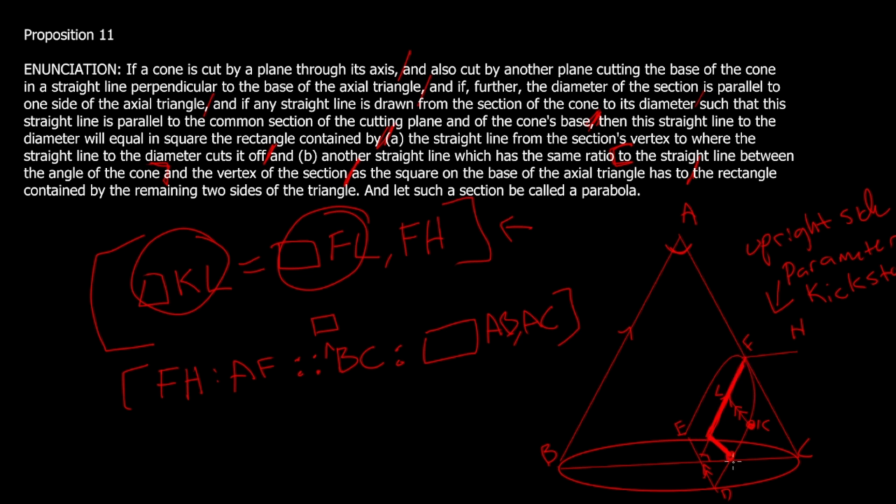So what we're really trying to do with this proposition isn't just prove some bizarre equality. We're trying to keep track of the ratios between these two types of lines within the section. And if you think of a parabola, you're normally used to the Descartes version of this. You might have some line that looks like this.